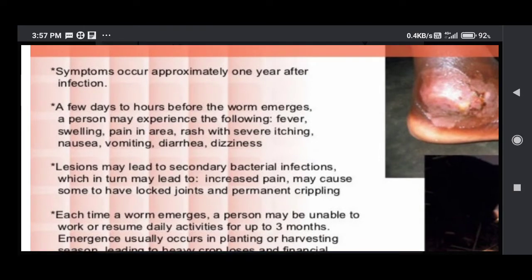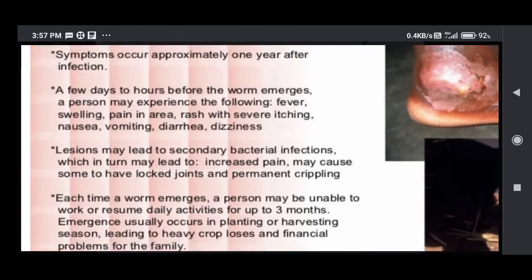In this 1 year, the parasite will develop and grow in size. A few days to a few hours before the worm emerges, a person may experience the following: fever, swelling, pain in the area where the parasite is present, rash with severe itching, nausea, vomiting, diarrhea, dizziness.